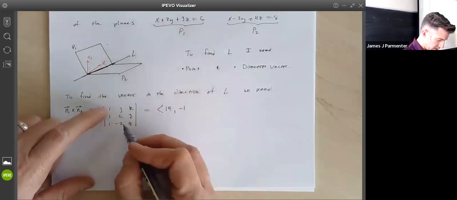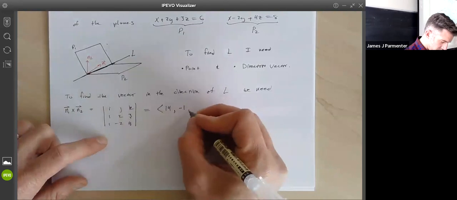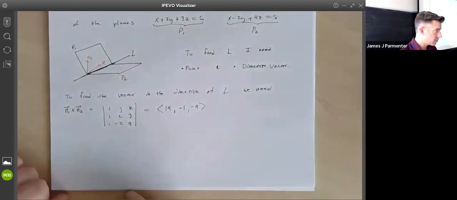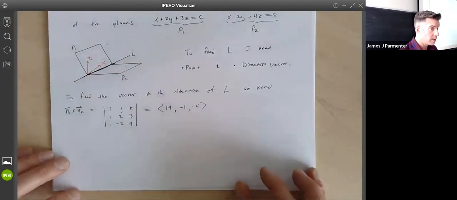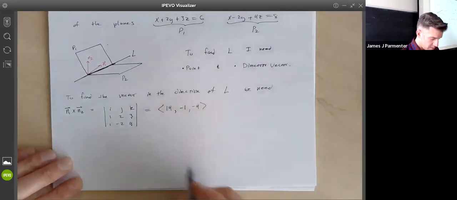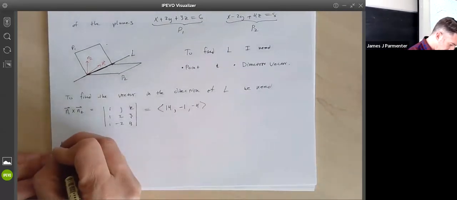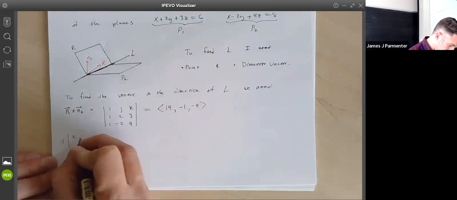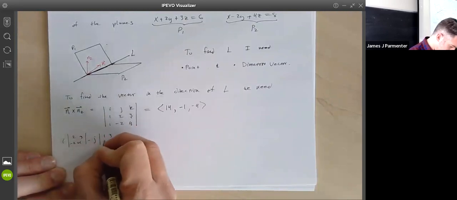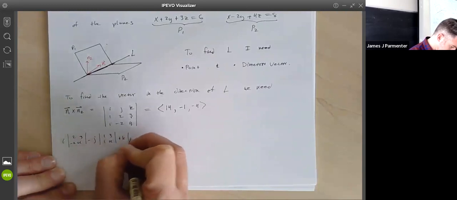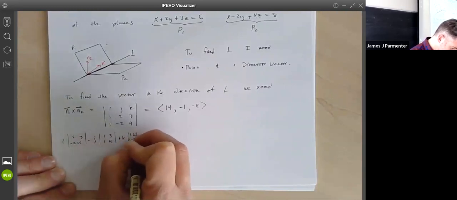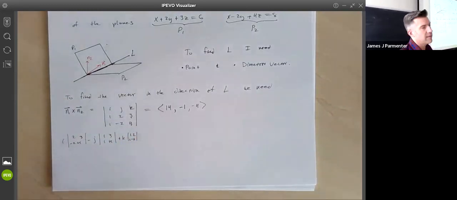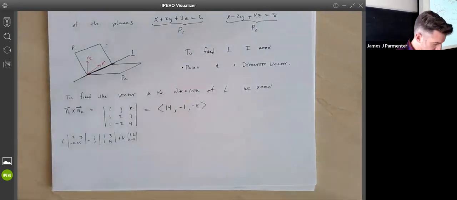And the last component is going to be -2 minus 2. You could also write it out, right? It's totally fine to write it out: i times this, minus j times this, plus k times this. But if you want to practice doing it, you can get faster at it.